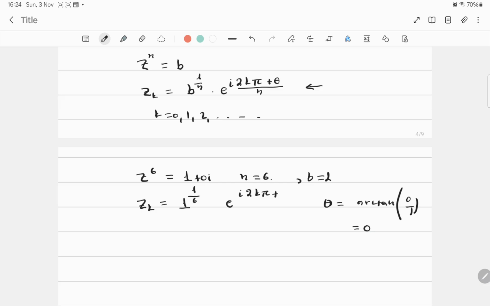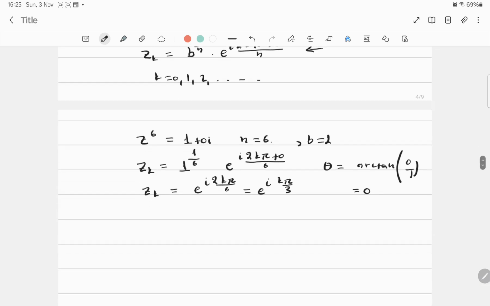So the angle theta is equal to 0, divided by n, and n is equal to 6. z_k equals, this is 1, so it's e to the power i 2k pi over 6, which is e to the power i k pi over 3.